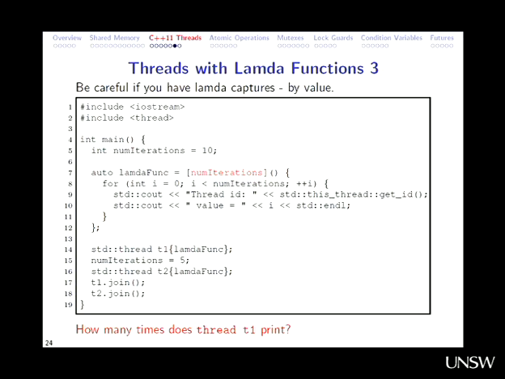Now, what's missing on the slide, and let me just quickly change this code around. Let's go back to the reference version. Let me move this num iterations from that point there to pass it in as a parameter. So I'm just going to say int. Let's pass it still as a reference. Let's pass this value.